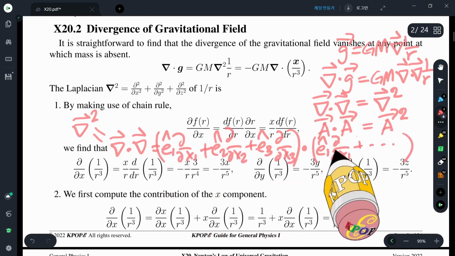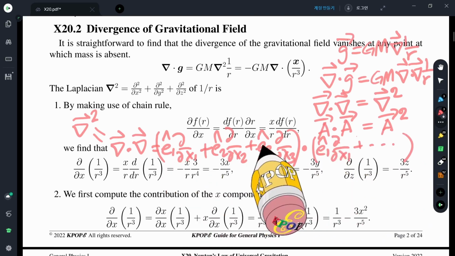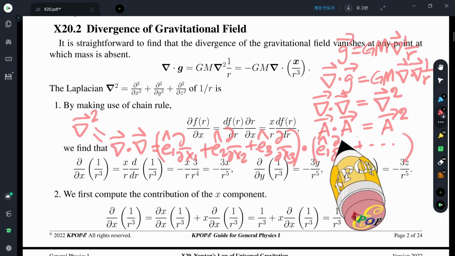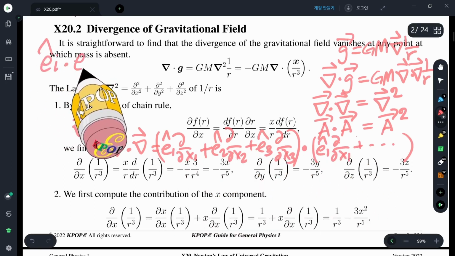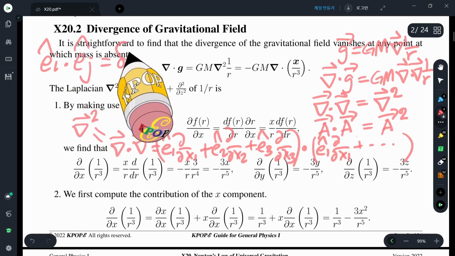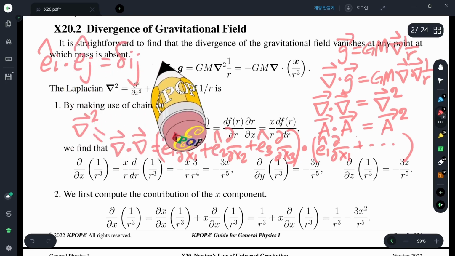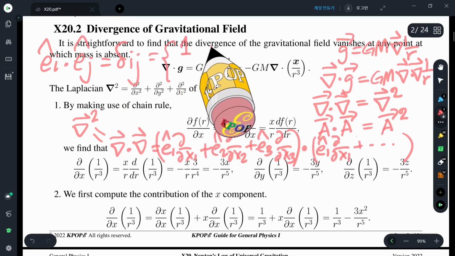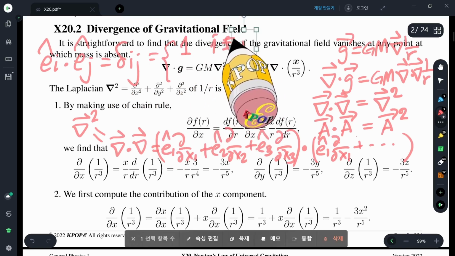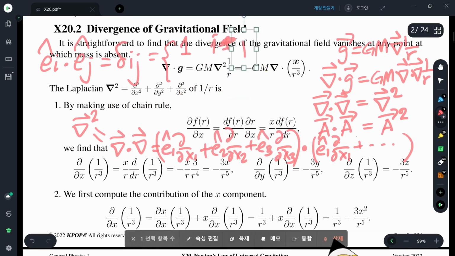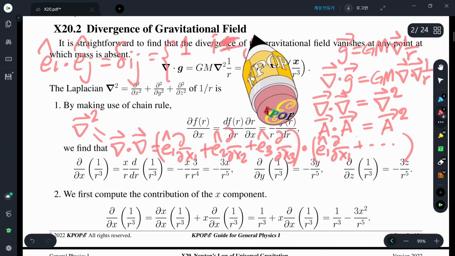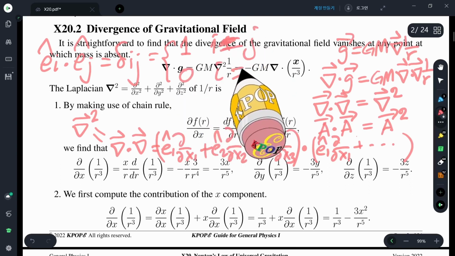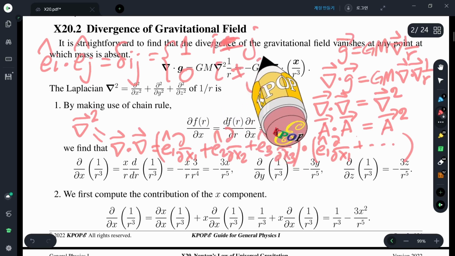Because the scalar product applies only to the same kind of thing, ei hat dot ej hat should be the Kronecker delta ij, which is 1 for i equals j, and 0 for i not equal to j.